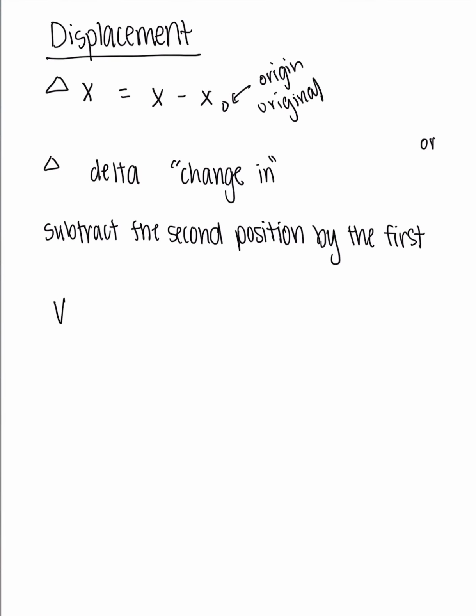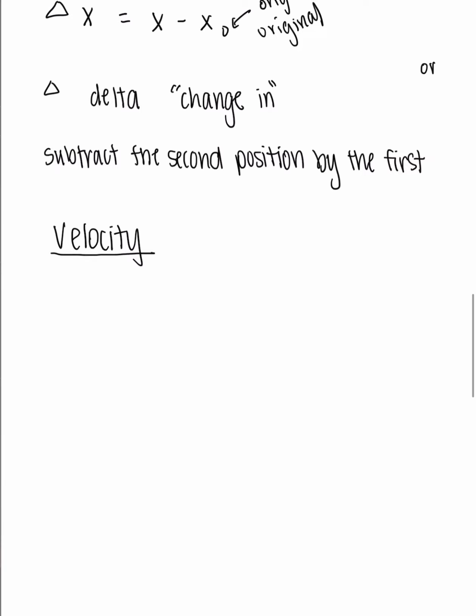Moving on to velocity, which is just change in displacement over change in time as per the definition, is just v equals delta x over delta t.